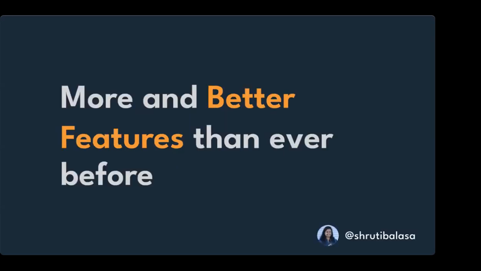Coming back to the talk, like I said, in the last 2 years, there have been more and better features, the ones that you don't want to ignore, than ever before. And that's exactly why we're going to talk.